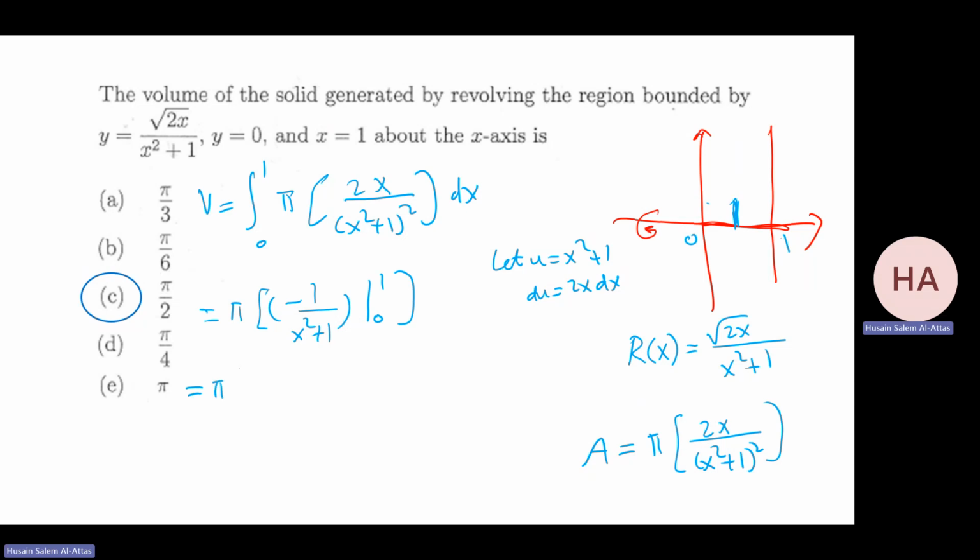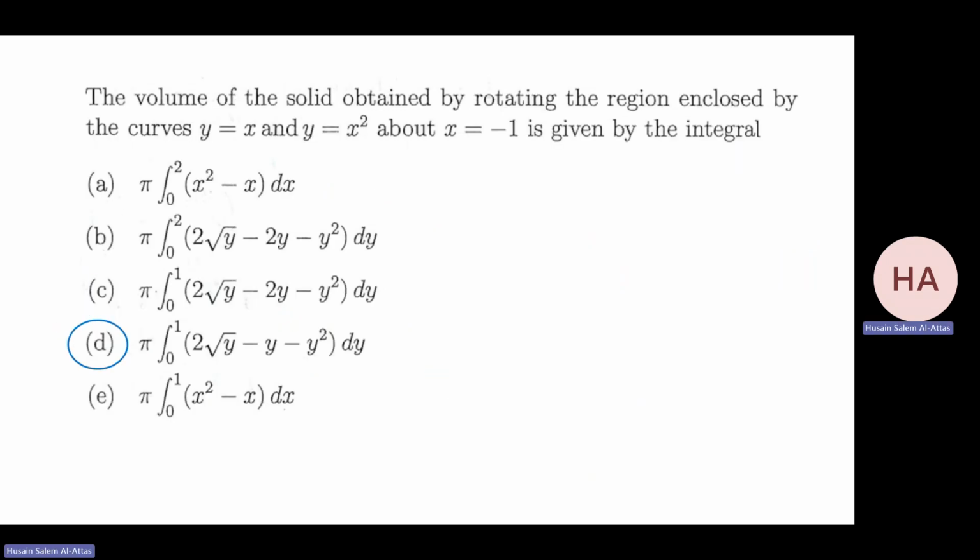That gives me pi of what? 1 gives me minus half, 0 minus 1. That gives me minus half plus 1, which is half, so the answer is pi over 2. Okay.